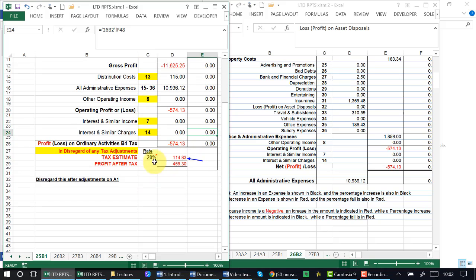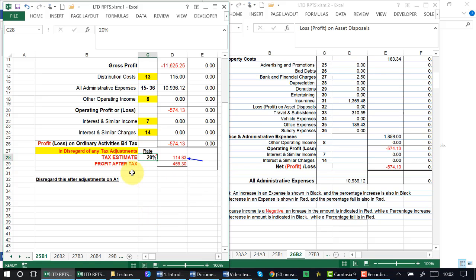Below here, we've got a tax computation. Now, this tax computation is based on the profit, which is 574.13. The current rate is 20%, and this rate keeps changing. So maybe we could allow the adjustment of that in settings.